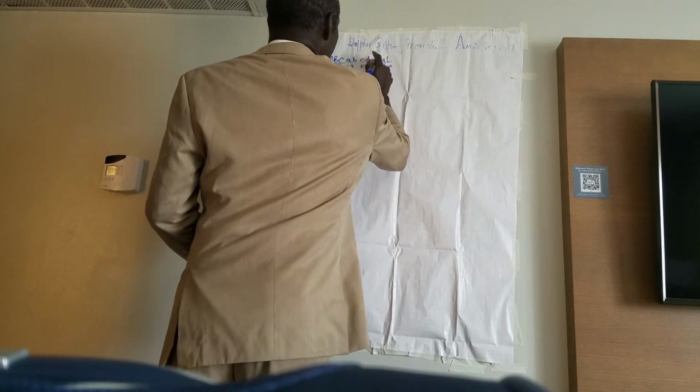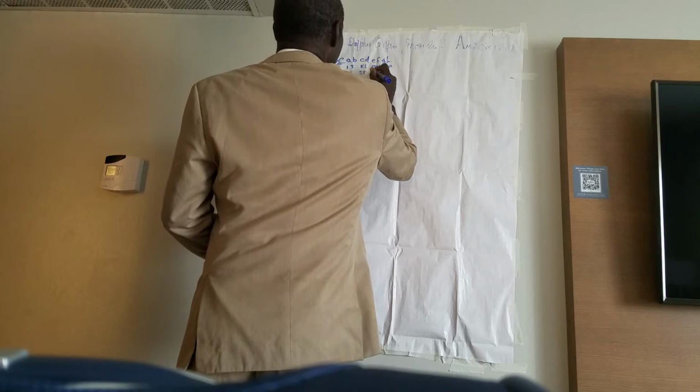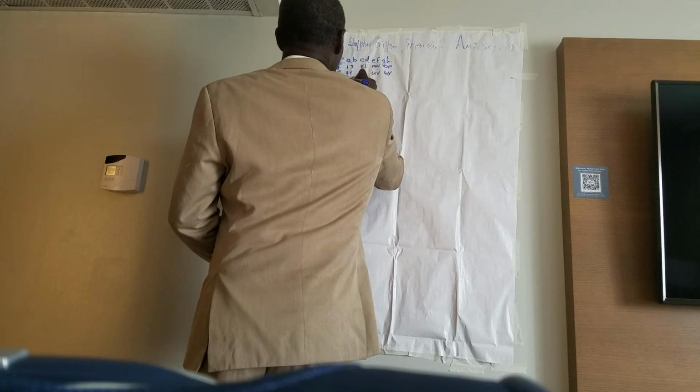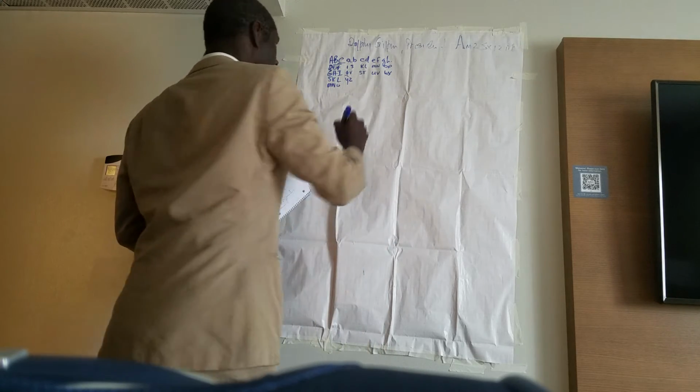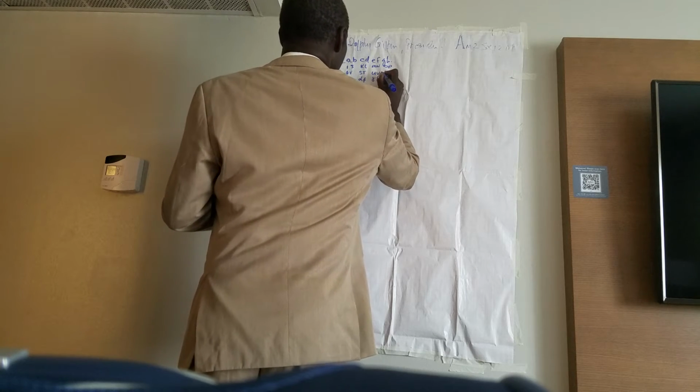A, B, C, D, E, F, they are pairs. U, V, double X, Y, Z, and we start off with Greeks now, alpha, beta, gamma, delta.